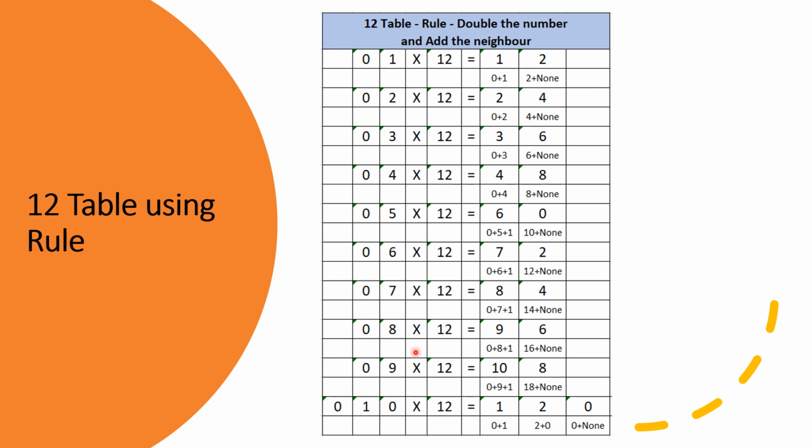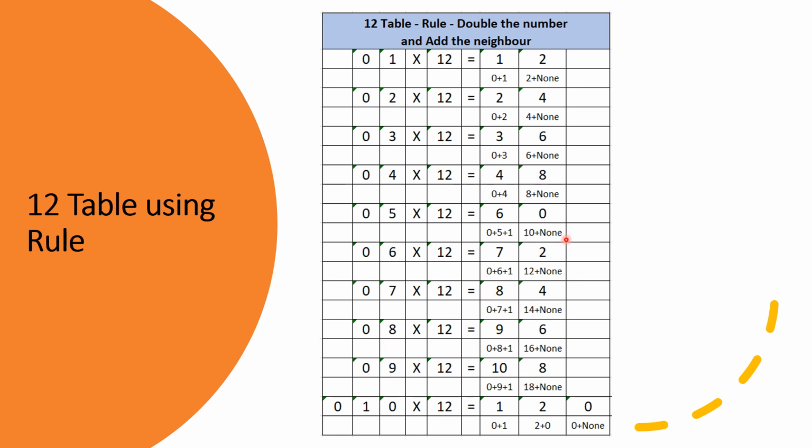Till 4, it's a direct number, and doubling 4 gives 8. Then you see a carry forward of 1 going towards the next number, and you add it. So the next number after 5 will be 6, then 7, 7 and 8, 8 and 9, 9 and 10, because we are adding a carry of the previous number.